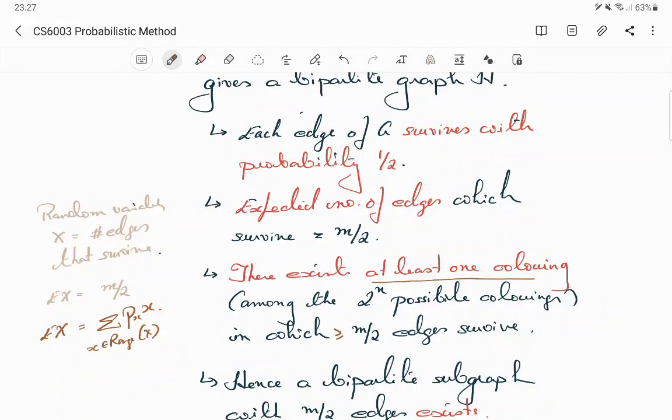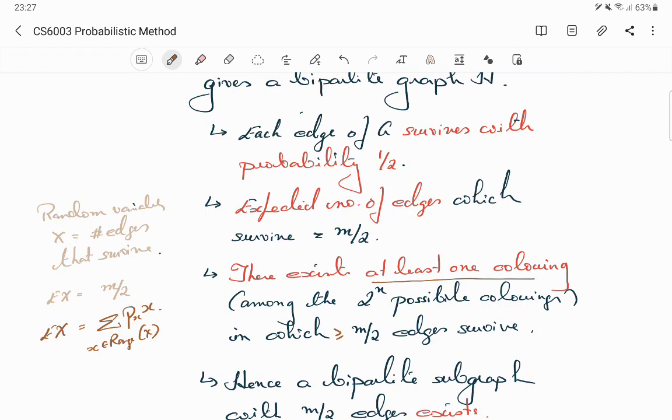Which means if you search through all the possible colorings, you will find this graph. You can convert it into an algorithm, but it's an exponential algorithm. The brute force way of converting this proof into an algorithm will involve searching through 2 raised to n different colorings. Hence, it is not an efficient algorithm. It's not a polynomial time algorithm.